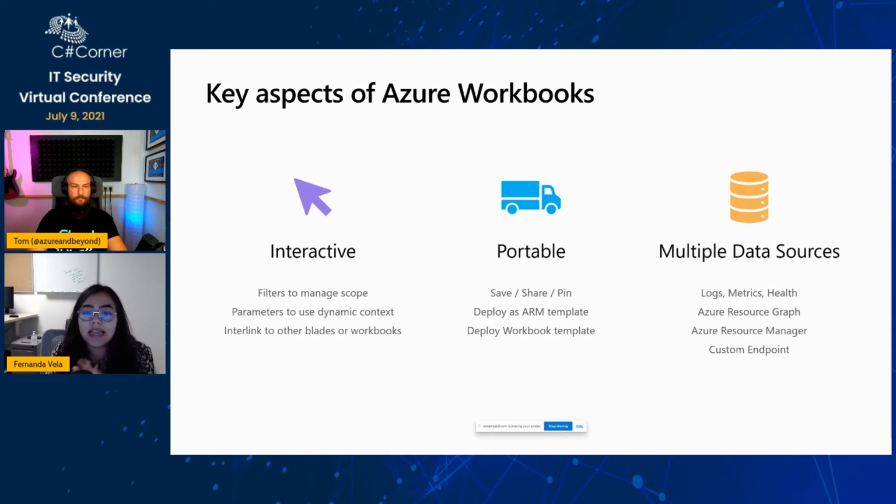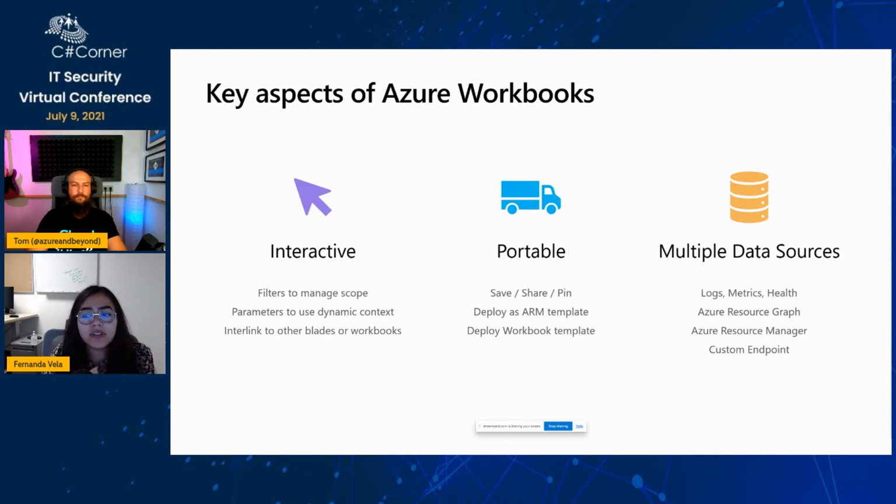Why do we say they are portable? Because you can save them, share them, and pin them in your Azure portal. We have a lot of workbooks in our GitHub community, so there you can also share your workbooks. You can also deploy them as templates.